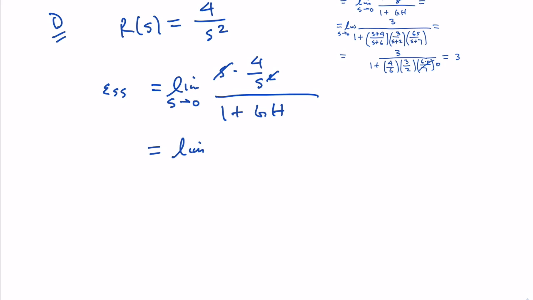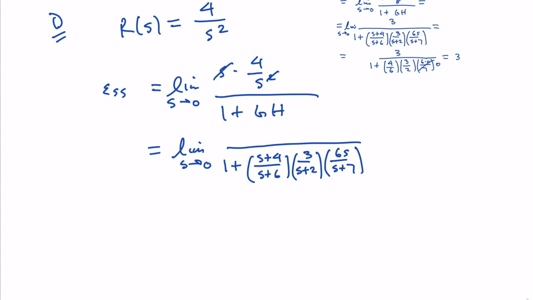So that's going to be the limit as S goes to 0. Let me paste this back in, that's in the denominator. There's a 4 up on the top, and remember, we had this free S right here, so that's going to show up there. So what happens? You get division by 0.